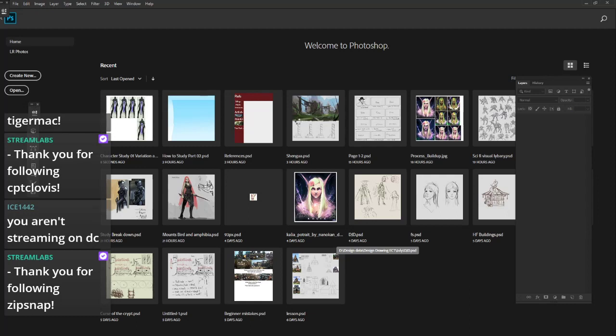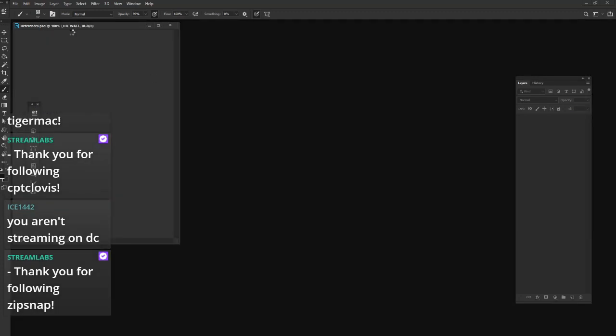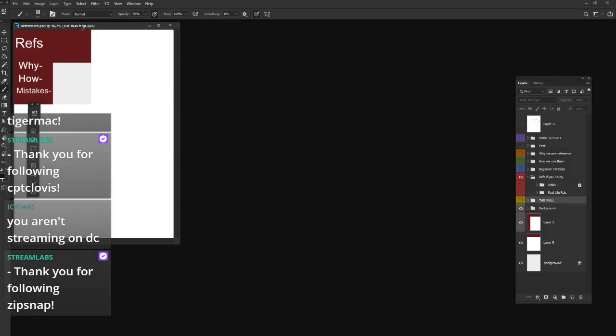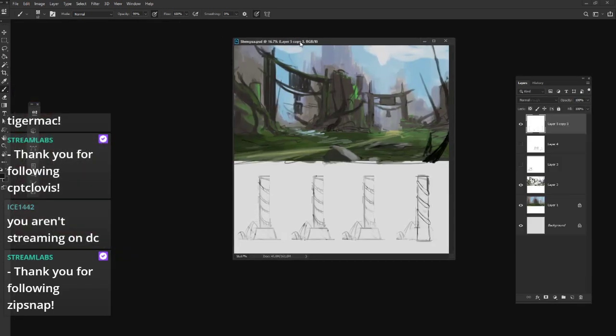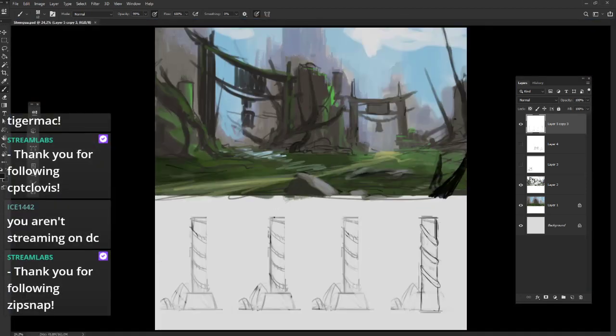Even environment, I can take one picture or 10% of this picture and paint it again. It doesn't matter.